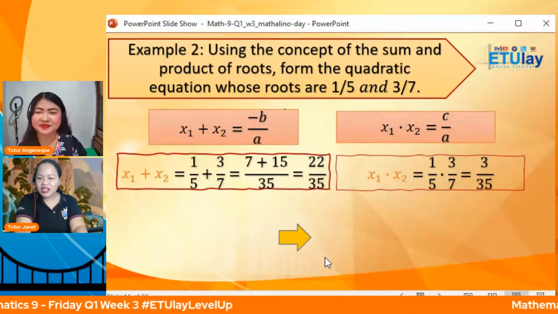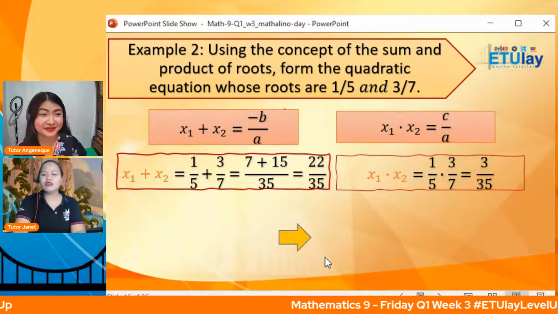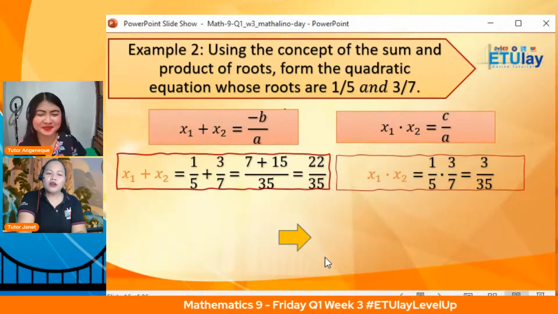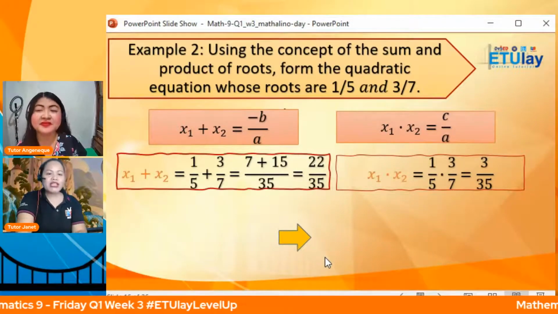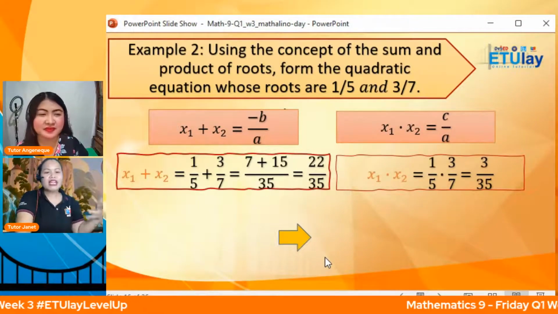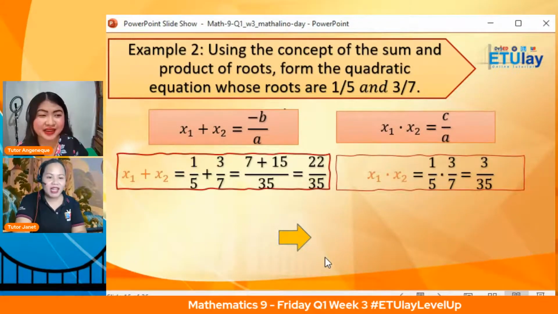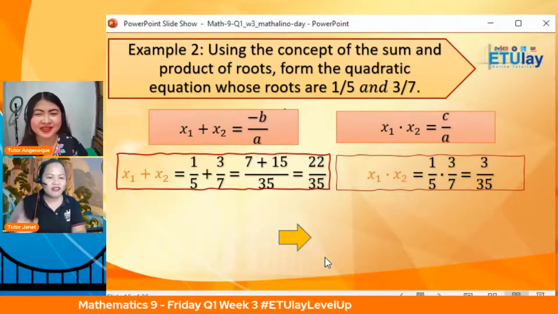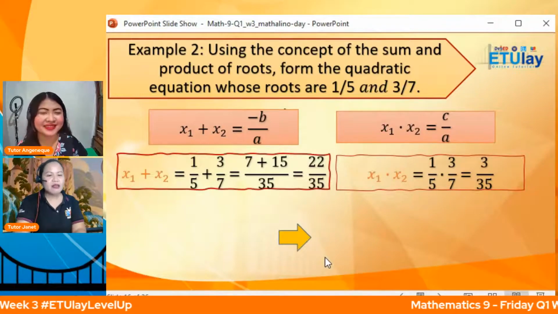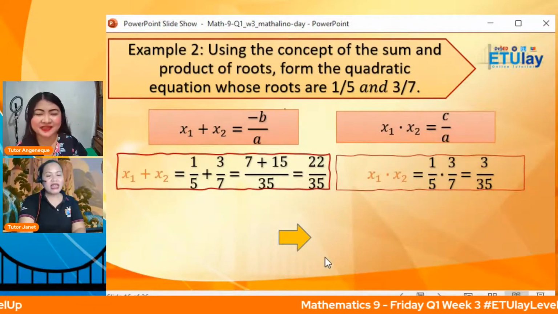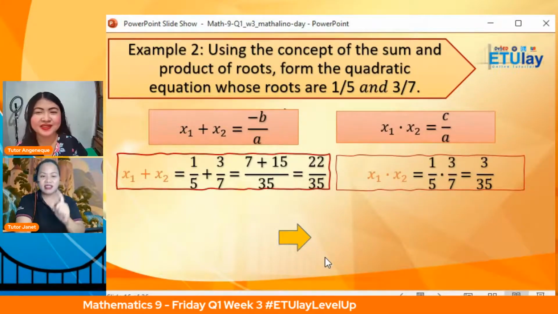Ayan, may question si Fritz. Sabi niya, saan po nang galing yung 7 at 15? Okay, so good question, no? Kung titingnan natin yung ating LCD na 35, for elementary, tinuturo yun sa inyo. 35 divided by 5 is 7. And then multiply mo siya sa unit fraction na 1/5. So 7 times the numerator 1 is 7 pa rin.